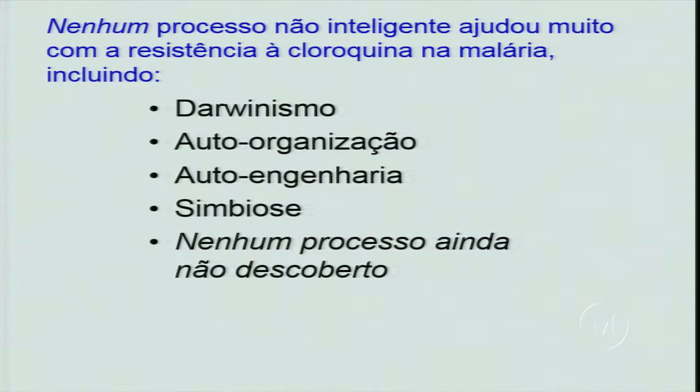But in 10 to the 20th attempts, the only thing it could come up with was small microevolutionary amino acid changes. So no unintelligent process helped malaria very much, including Darwinism and, in fact, the other newer mechanisms that people tout these days were not even seen. So Darwin's old idea did better than the newer ideas that people have come up with.